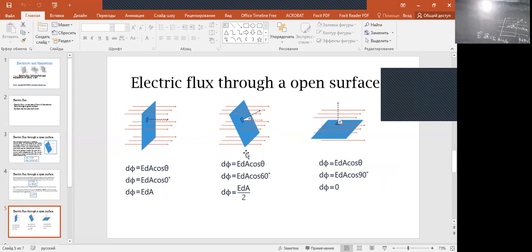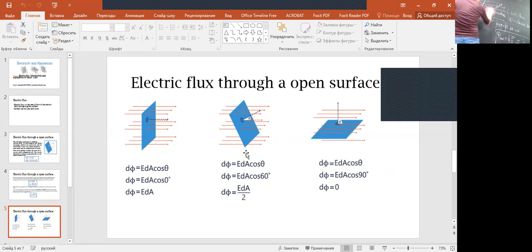And here is some angle, theta, which is 60 degrees. And for the last one, the angle is 90 degrees. This means that cosine 90 is equal to 0, okay?